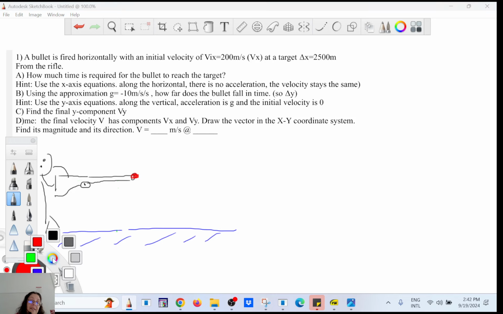So that's your projectile. And it has an initial velocity here of 200 meters per second. This is a nonsense problem because it seems very, very far, 2 kilometers. But forget about the nonsense, right? Just focus on the physics. That's your target.